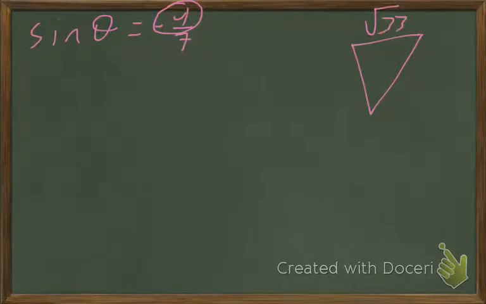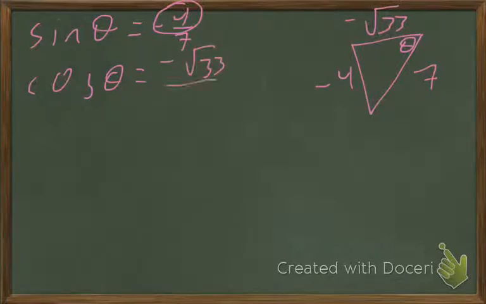And actually, since it's running this way, that's a negative. Okay, this is negative 4. This is positive 7. Okay, so cosine of theta, there's theta, is this negative square root of 33 over 7. And hey, the square root's on the top. Don't have to worry about a thing.